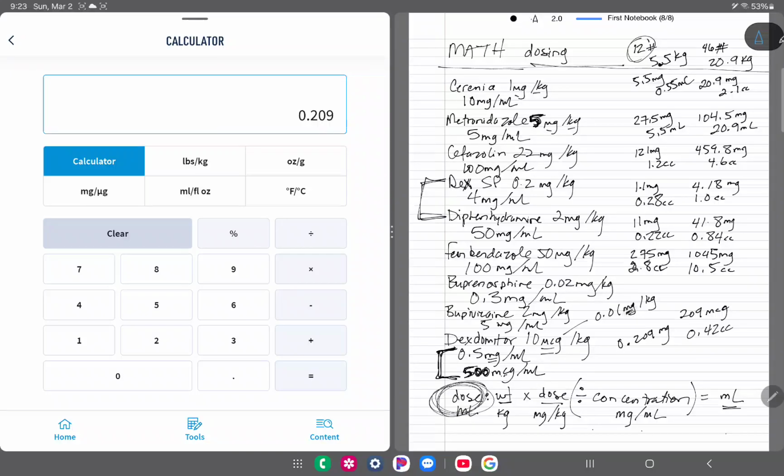Because again, I started with mig, I have to continue with mig, and now I have to divide by mig, milligram. So 0.209 divided by 0.5 mig per mil will get me 0.42 cc's. Again, the cc's or the mils will not change.